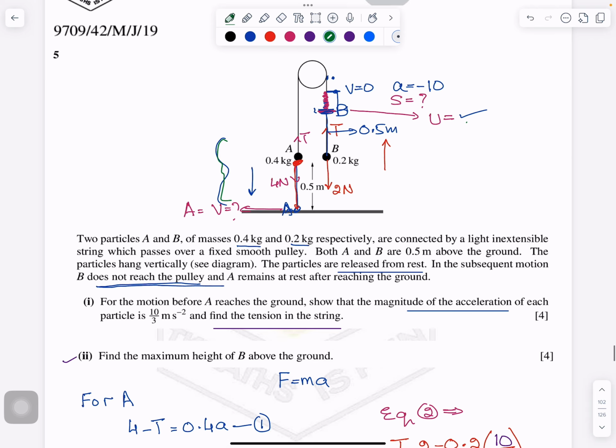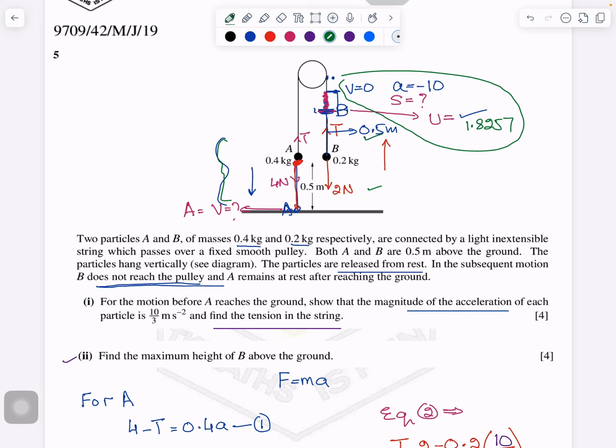Now let's see here. It means this velocity is 1.8257. Now I will use all this information which is given here, and I will find out the distance. Then I will add distance 0.5, 0.5 and that distance. Okay, because this is 0.5, this is 0.5 and this distance I am calculating now.